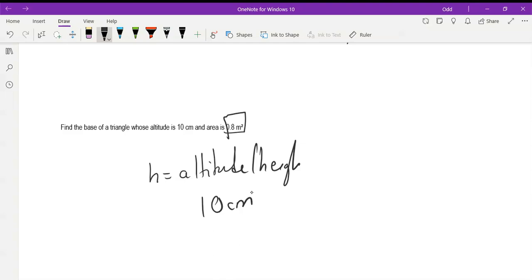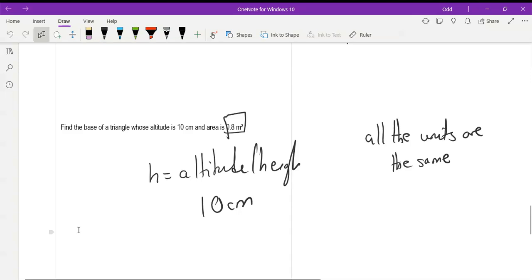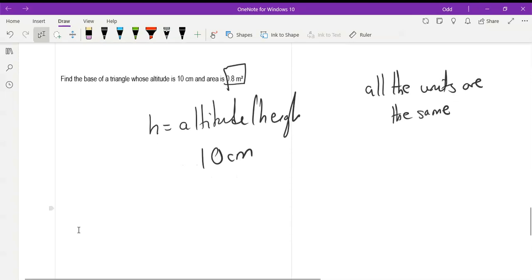So what we have to do is make sure all the units are consistent, or the same. So we have to change one to the other. And for me, I'll be changing from centimeters to meters. So I know that 100 centimeters is equal to 1 meter.